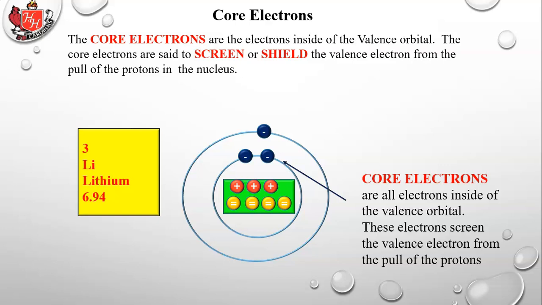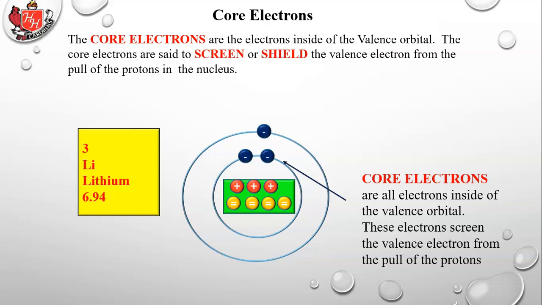So any electrons that are between the valence electron or electrons and the nucleus are called core electrons, and they're said to screen the valence electron. In other words, if you look at that valence electron, you can see it's not going to feel the pull of the 3 protons as well as it would if those 2 core electrons were not there. They're kind of blocking it.